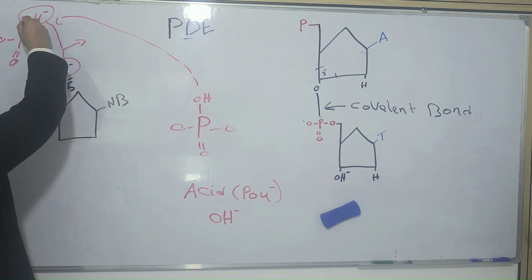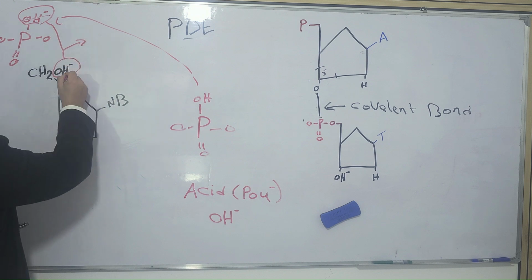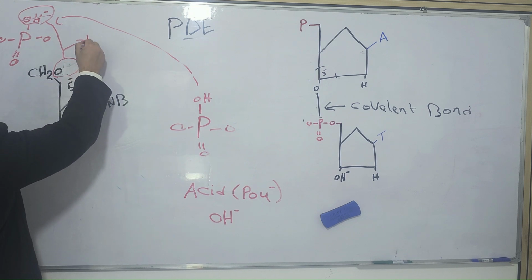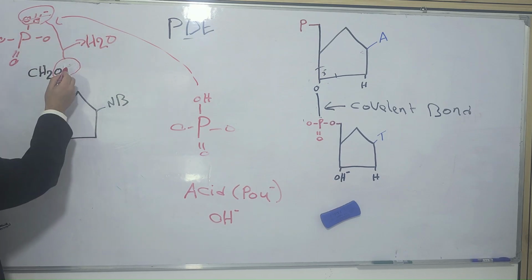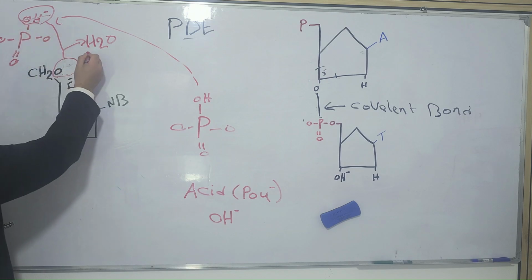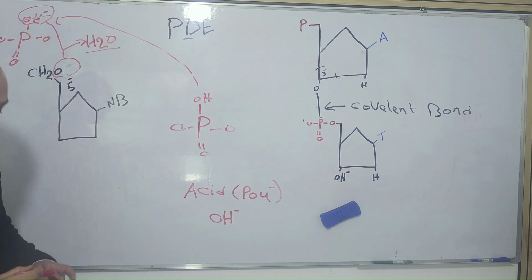Again, the hydroxyl group of the phosphate is going to go bye-bye. You get OH, and the hydrogen here is also going to go bye-bye. And so you get H2O. Remember? Because one H came from here, the other came from here, and the oxygen came from here. And this is, again, a condensation reaction.